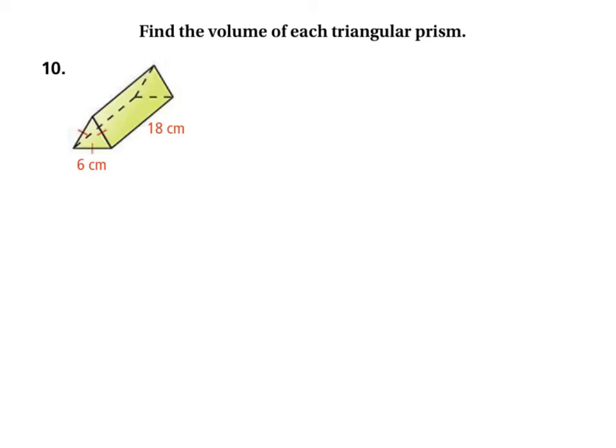So what we've got as a base, and we've got to try and find the area of it before we can multiply it by the height, is, since it's equilateral, and you can see those three segment marks right there, those say that it's equilateral, and therefore it's equiangular as well.